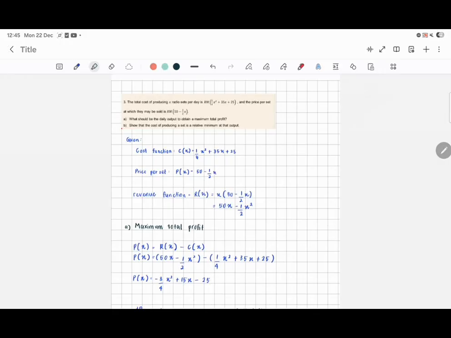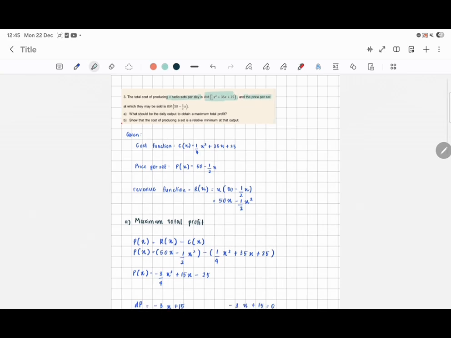Question 3. The total cost of producing x radio sets per day is 1 over 4 x squared plus 35x plus 25. And the price per set at which they may be sold is RM50 minus 1 over 2 x. A. What should be the daily output to obtain a maximum total profit?